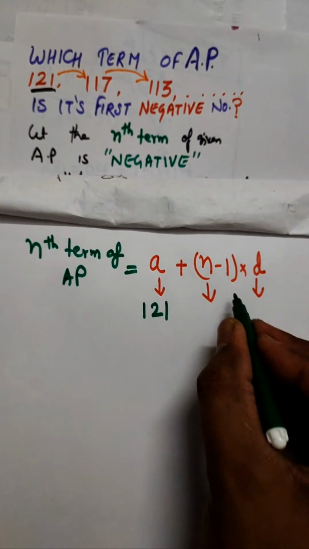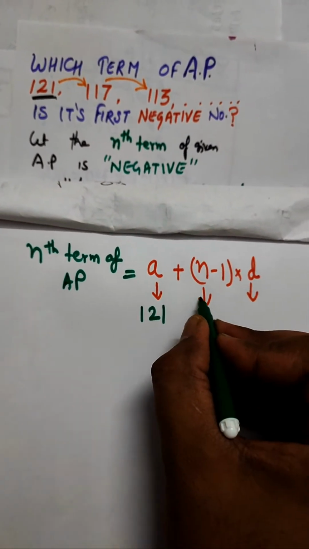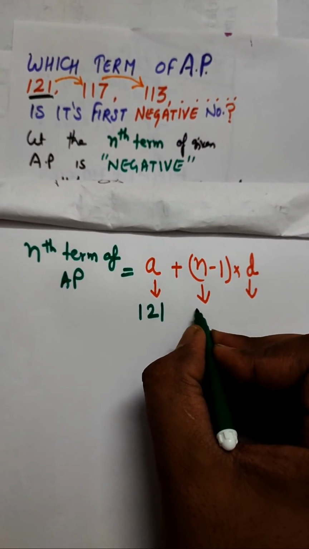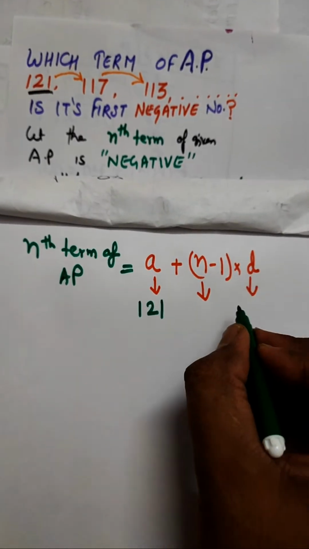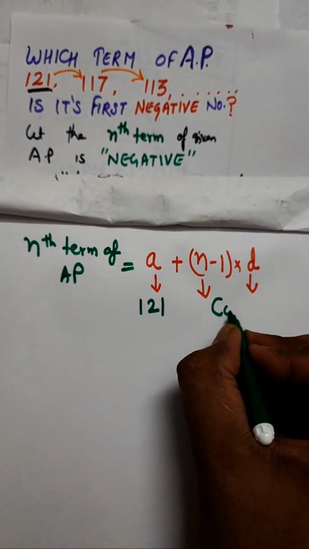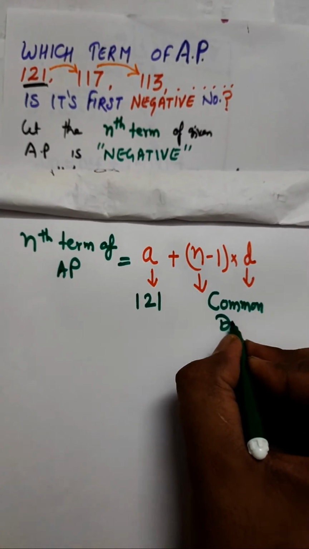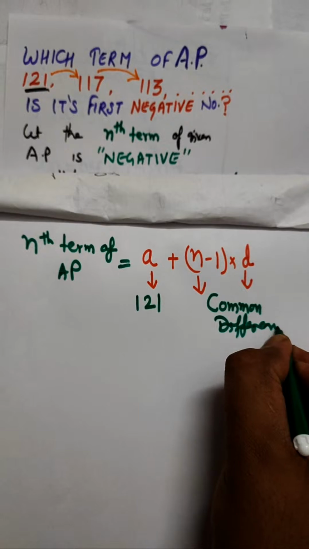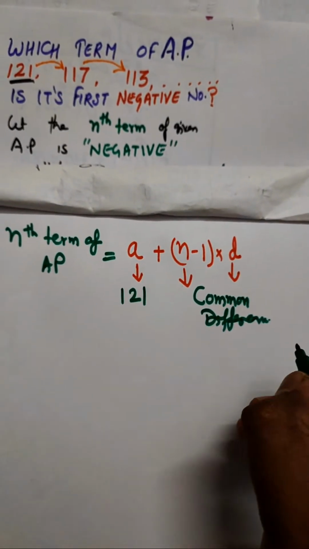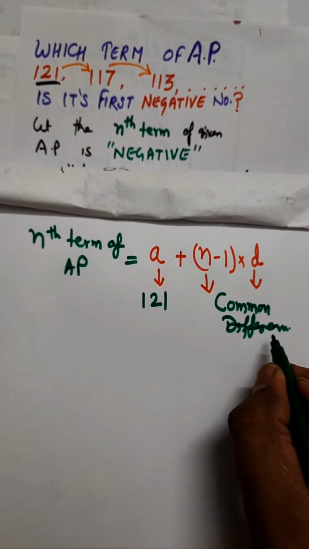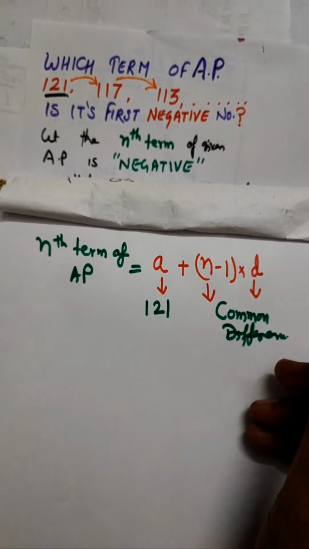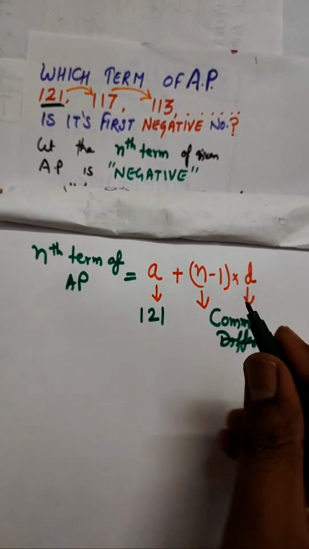Now n, just put it as it is. n will be the nth term and d is the common difference, right? How is the common difference calculated?